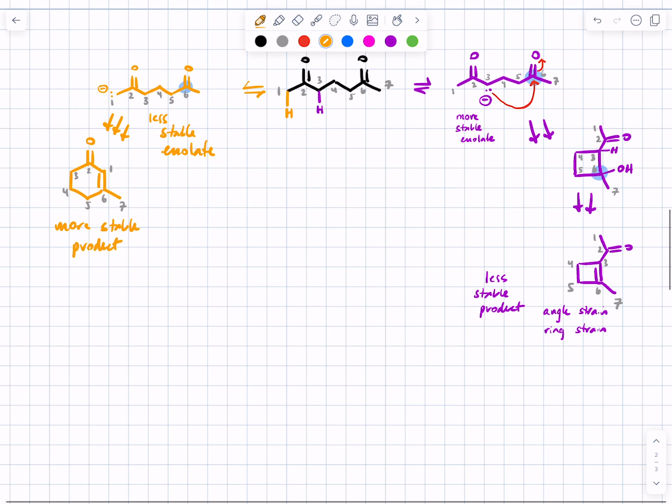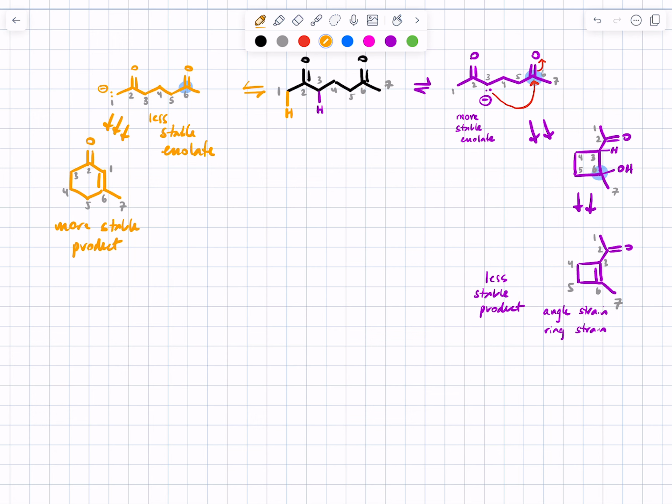And this highlights an important point, which is that when products are in equilibrium with starting materials, the only thing that matters is the relative stability of the products. The enolate stability doesn't actually matter here. The reason the enolate stability mattered in chapter 17 is because after we formed the enolate and did the alkylation reaction, that alkylation reaction was irreversible.